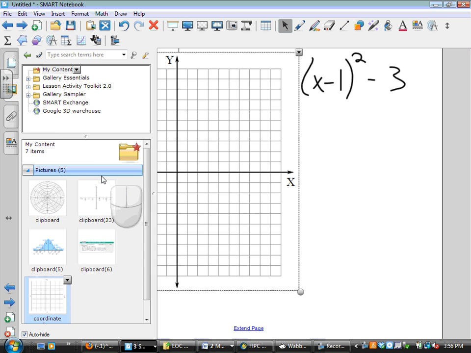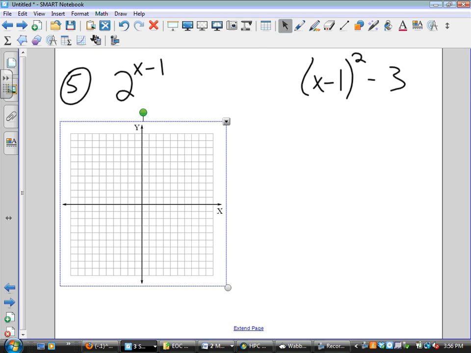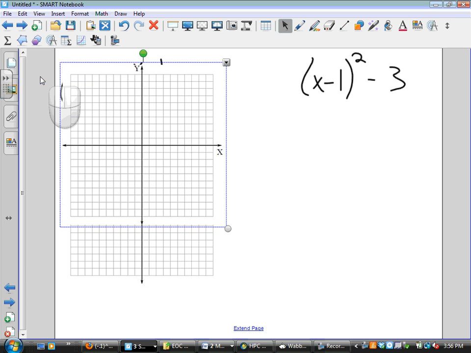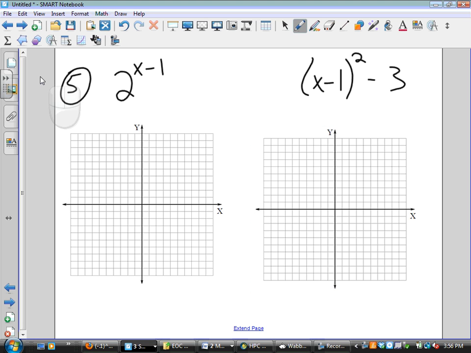The point of these problems is to look at the transformations that are happening. We want to be able to look at a function and determine what is happening to the parent function. In this situation, 2 to the x minus 1, the parent function is just 2 to the x.